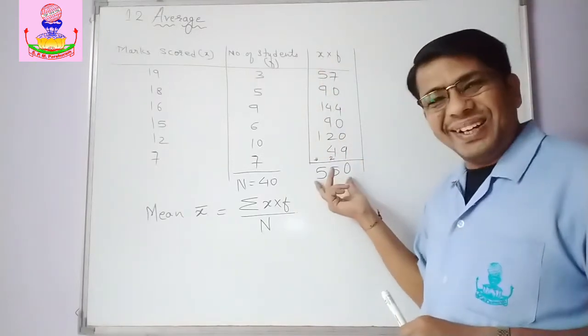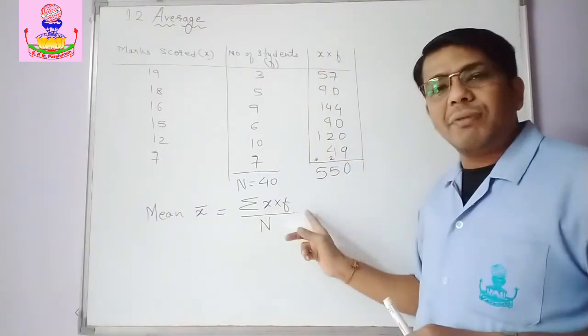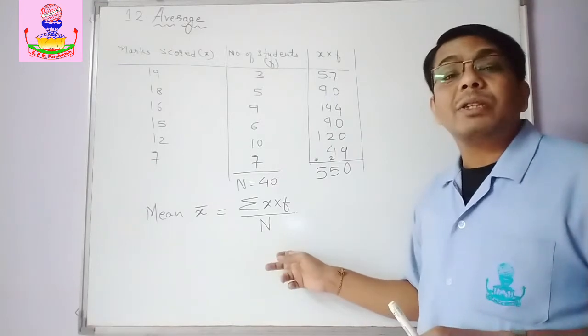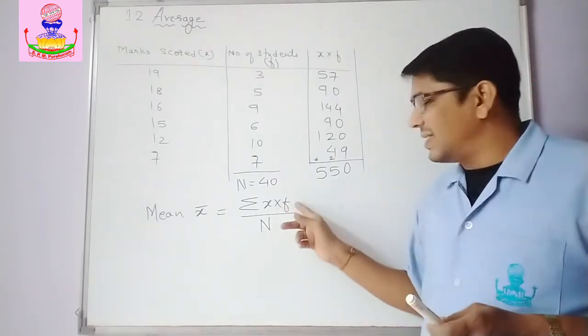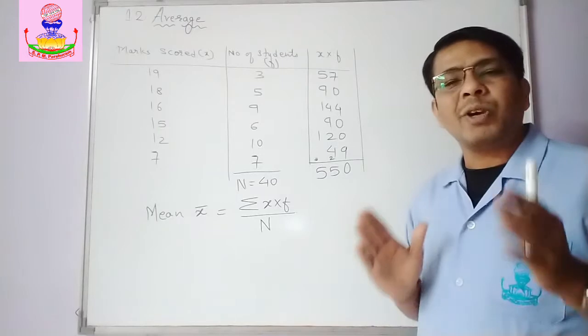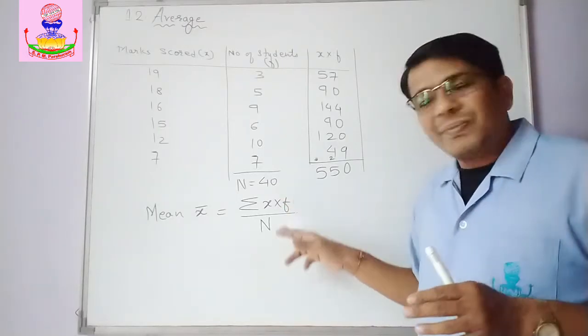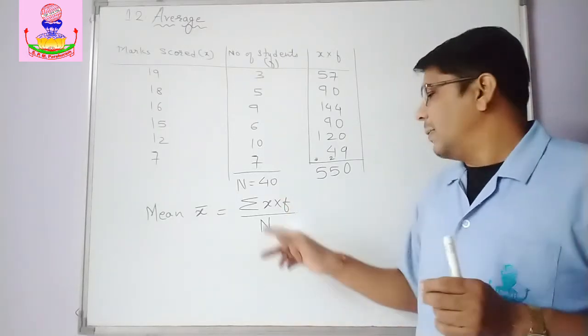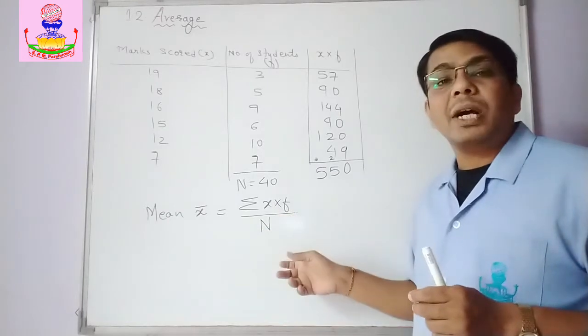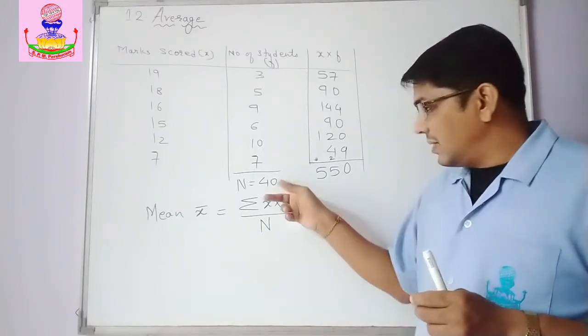So I have done that. Summation of x into f divided by total number of observations. So sum of all observations divided by total number of observations. The formula is the same; the only thing, the symbol has changed. So summation x into f upon capital N, that is this.